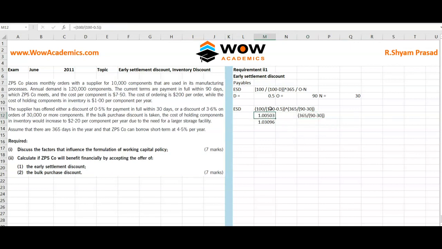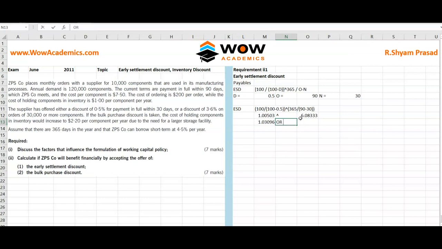When you compute this number alone, it comes to 1 point this number, and the power comes to 6.08. Now if you calculate, we'll again get the same answer. This is now easier to understand, so this is what our number is.